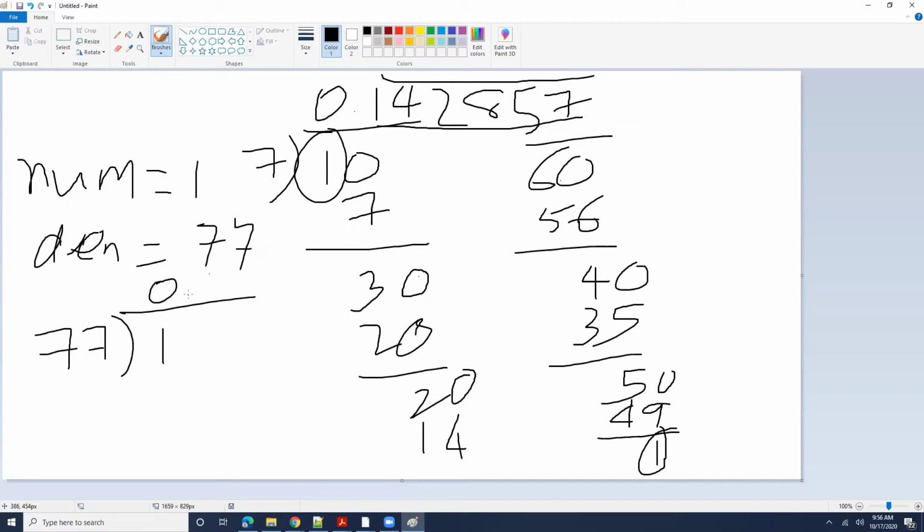But you also have to put a 0 in the quotient, right? So it's now 0.0, right? Add one more 0 at the top. Absolutely. So anytime you are multiplying with more than 10, you have to make sure you add a 0 to your quotient. Remainder is not changing, but quotient is changing. Or you can add the same number as the remainder and make a quotient as 0.